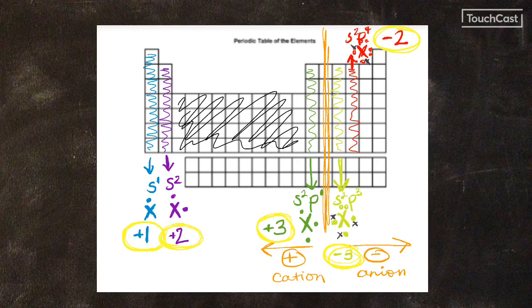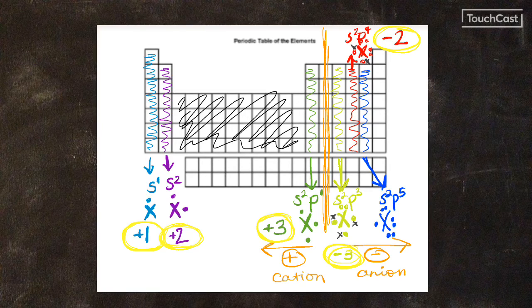Now, finally, we're going to move on to the last column that follows a pattern. Everything in this column here has an electron configuration of S2P5, which means I'm going to have 7 valence electrons.